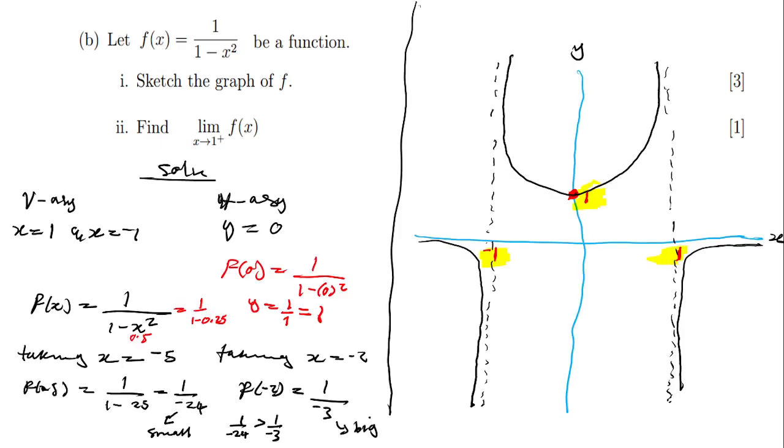For this one, the reason why they gave you this graph is for you to use it for the next question. For you to use this graph to find that particular answer. So look and observe. The y-axis has the positive infinity from there and the negative infinity from here.